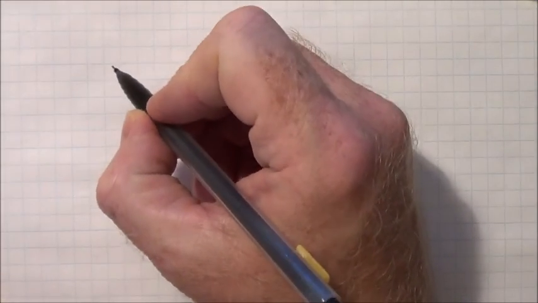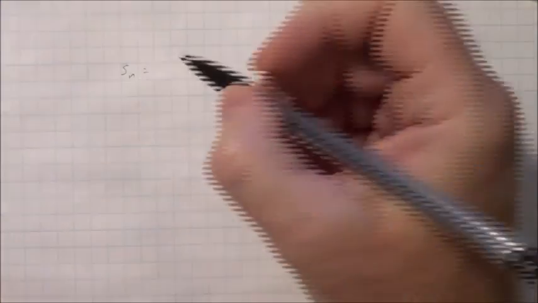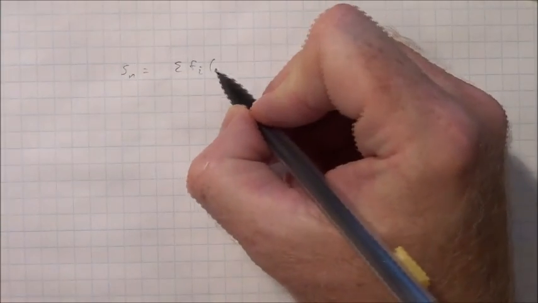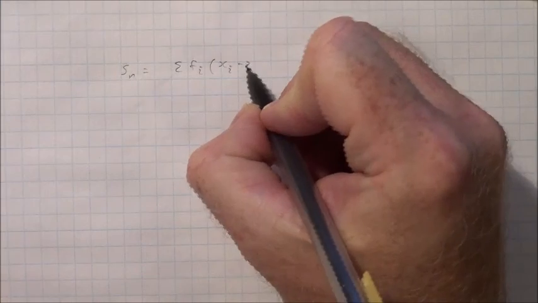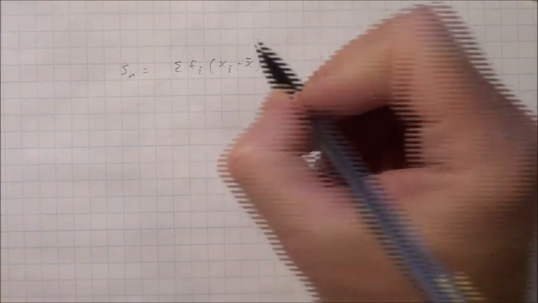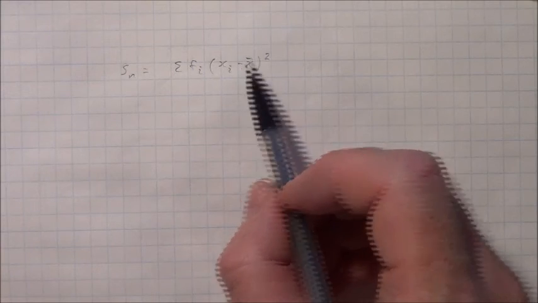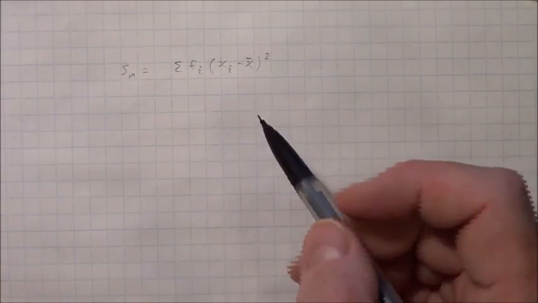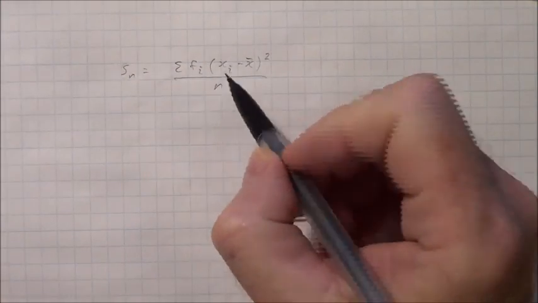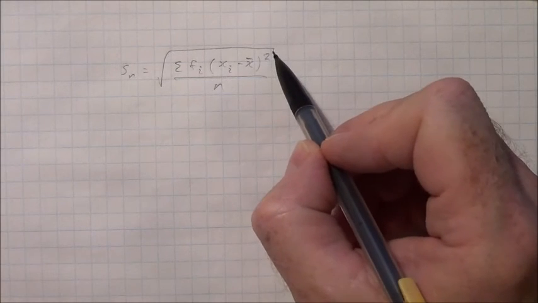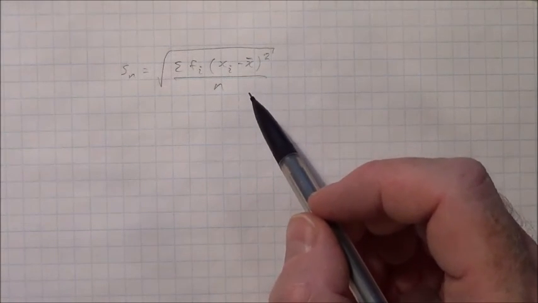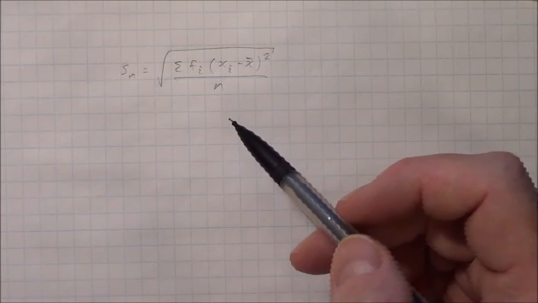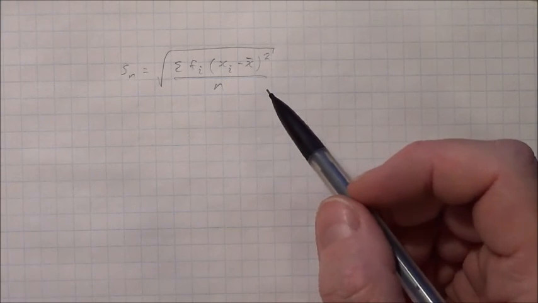So for standard deviation, we're going to do the same sort of thing, where we have S sub n is the square root of the sum of f sub i, which is the frequency, times xi minus x bar all squared. So there's the distance from the mean squared multiplied by the frequency of entries in that group, and then of course divided by n, and then take the square root to correct the units. So that would be used for group data or continuous data where it's grouped into classes, etc.